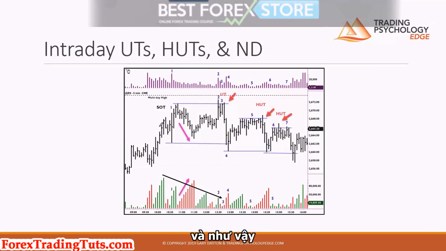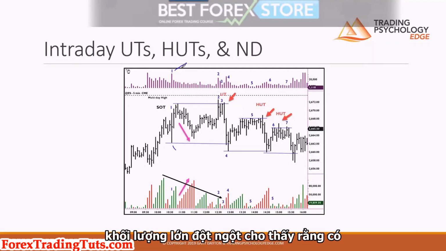I see that we go along up in here and we've got demand coming in, but this bar, because it's high volume, suggests there was some selling coming in. The market goes a little bit higher and then rolls over.